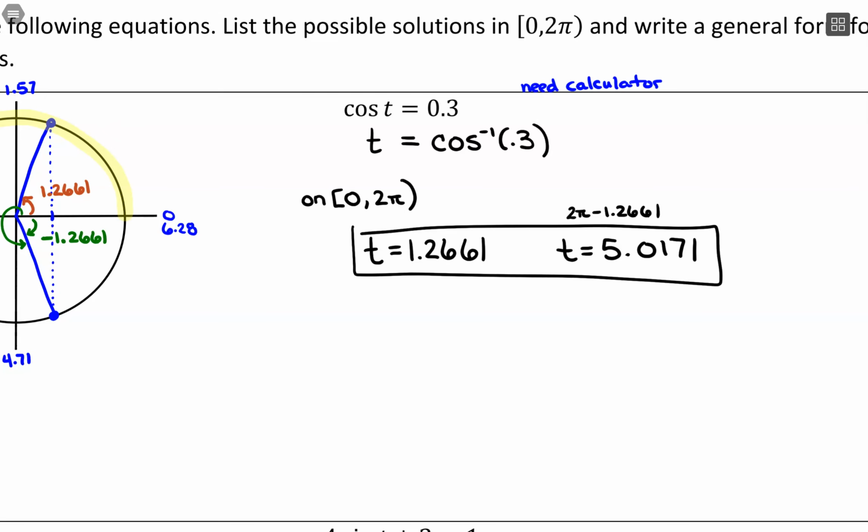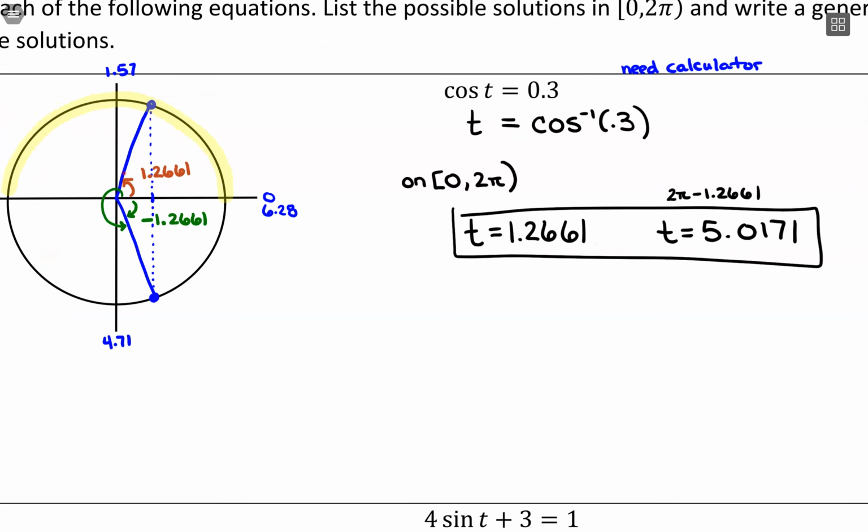So how I described it in the last video is that we want to kind of have the starting value and then think about just kind of making revolutions around that value. So like moving increments of 2 pi in this case, since we're working with cosine, we have a period of 2 pi. So what we could do is say we'll have a set of values for this angle t, and t can equal 1.2661 plus any increment of 2 pi.